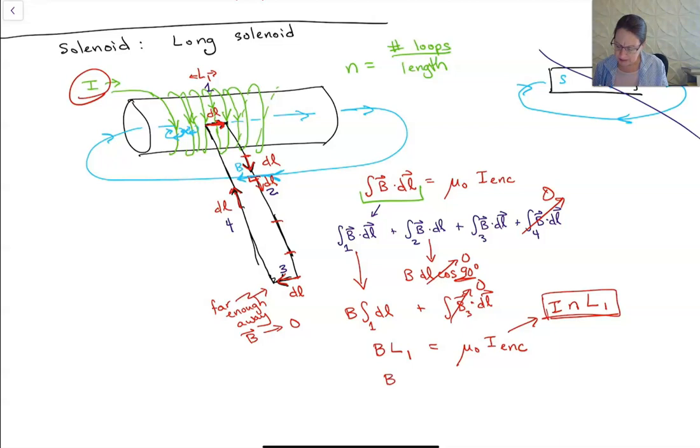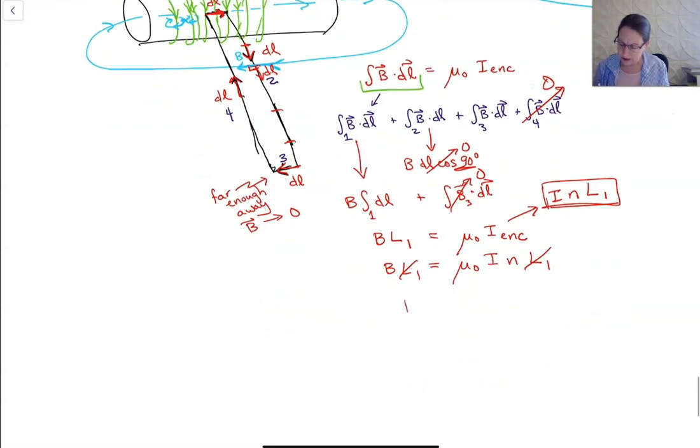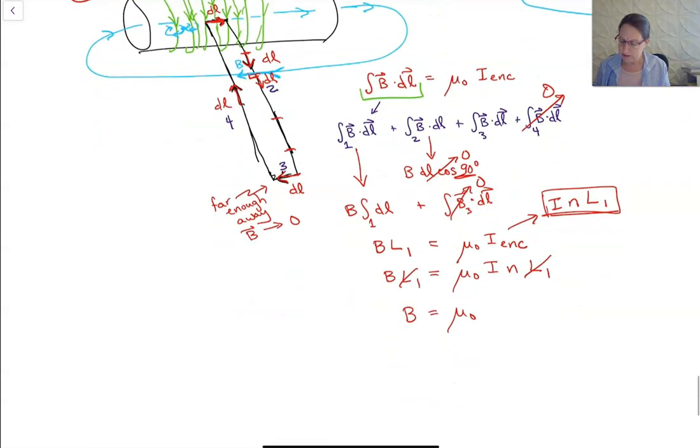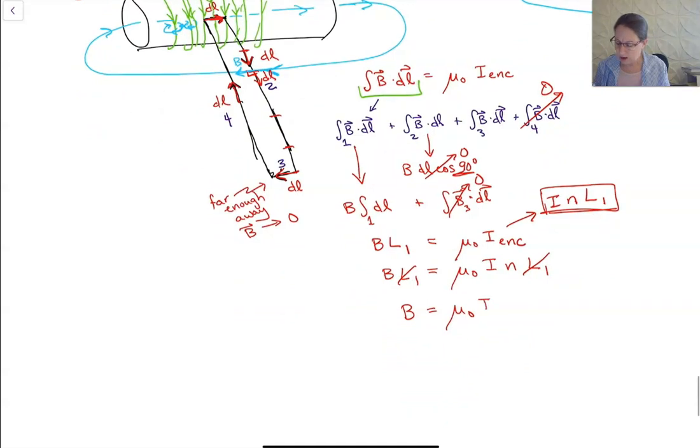And so then we get B times L1 is equal to mu naught I n L1. And the L1s go away, which is convenient. And the magnetic field inside a solenoid, which points along the axis, is equal to mu naught I times n, where this n is the number of loops per length, usually per meter.